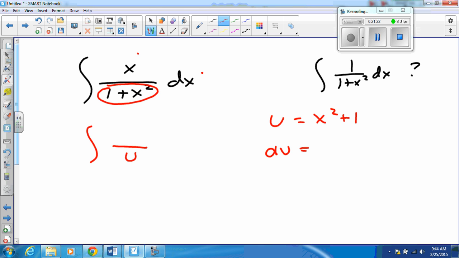As soon as I have the u, I want to find its corresponding differential du. And what is that differential? 2x times dx. Dx is not an optional decorator here. It represents the small change in x, and this is saying that a small change in u is going to be the rate of change times a small change in x.